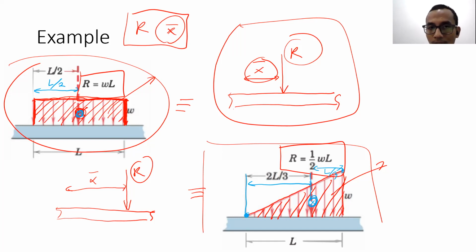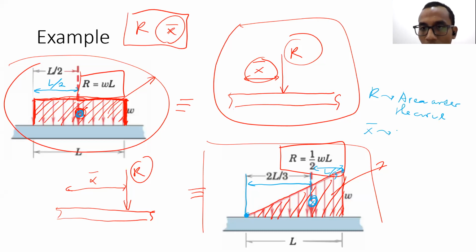That's the location of the centroid, and that's where you're supposed to put your R, the resultant force. So now, the resultant force is the area under the curve. X bar is the location of the centroid.